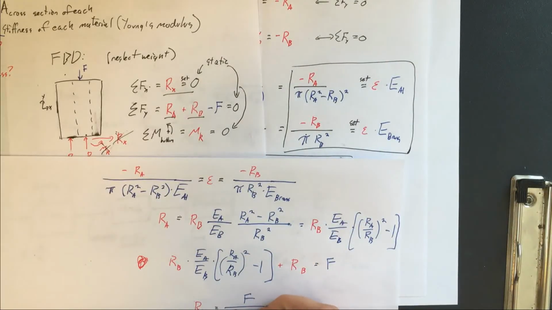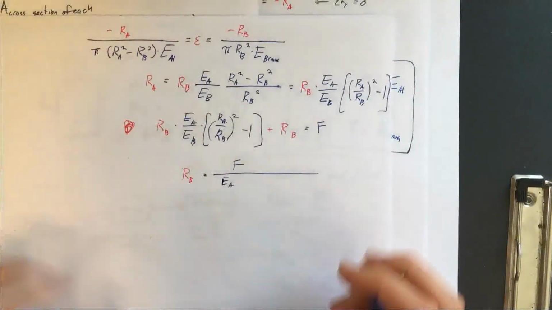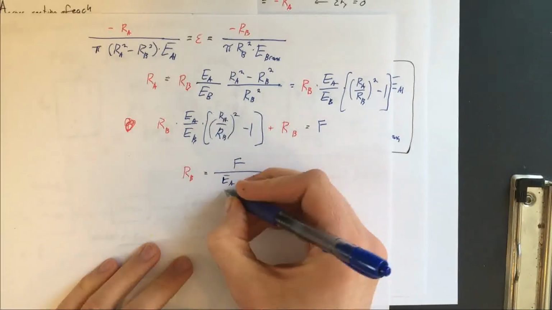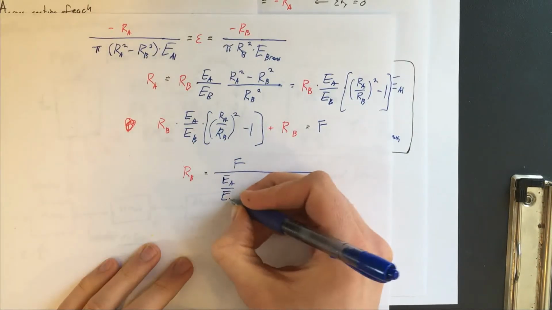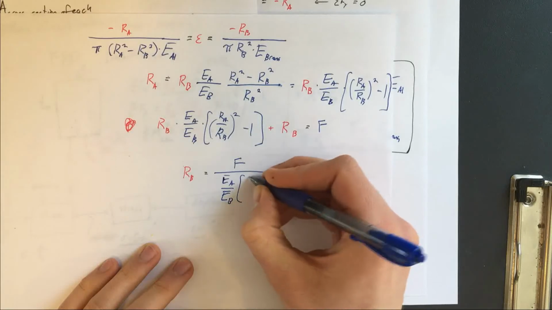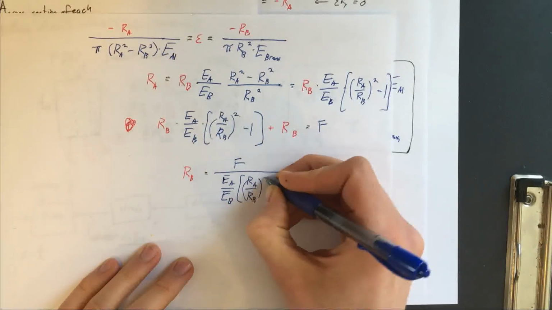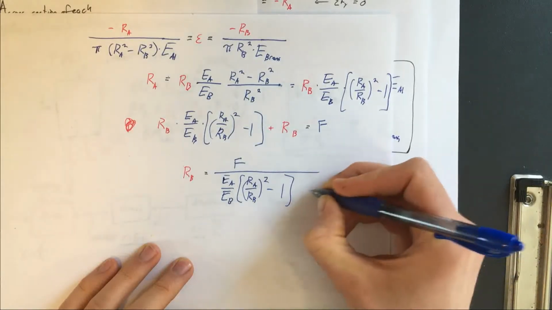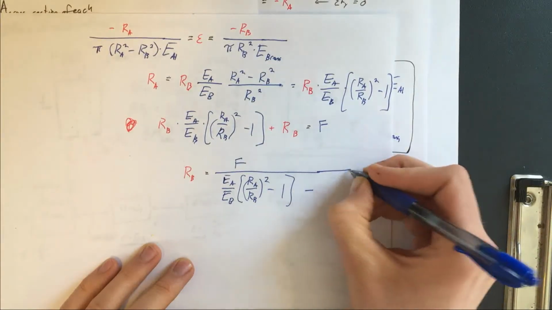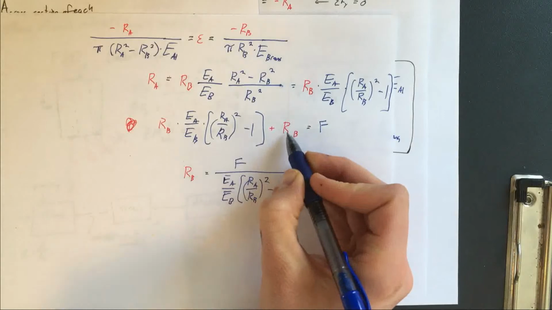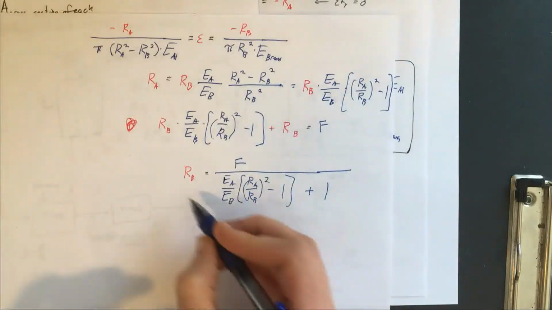So it's EA. Oops, sorry, I'm off the screen. It's F divided by this whole big slew of constants, so it's EA over EB, RA over RB squared minus 1, this whole thing, plus 1 from factoring out the RB, over this whole thing. And what does that mean?